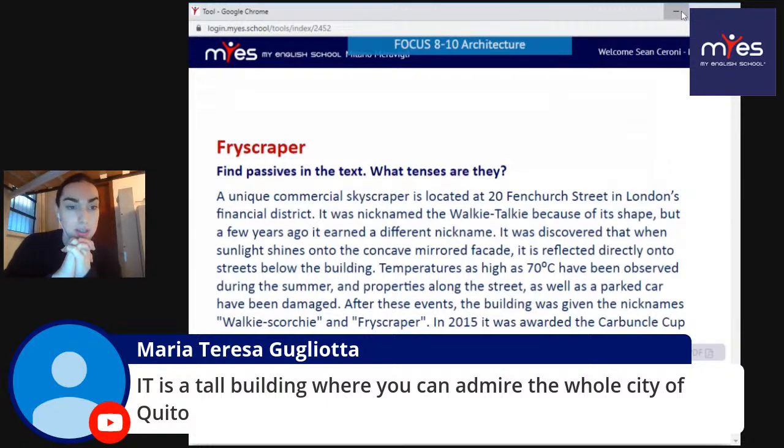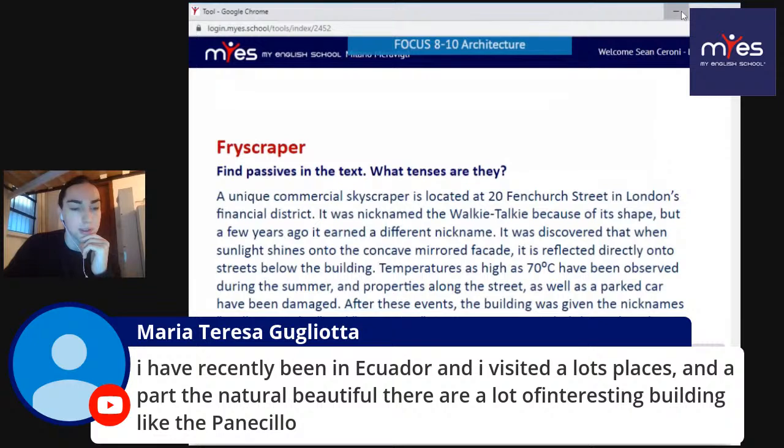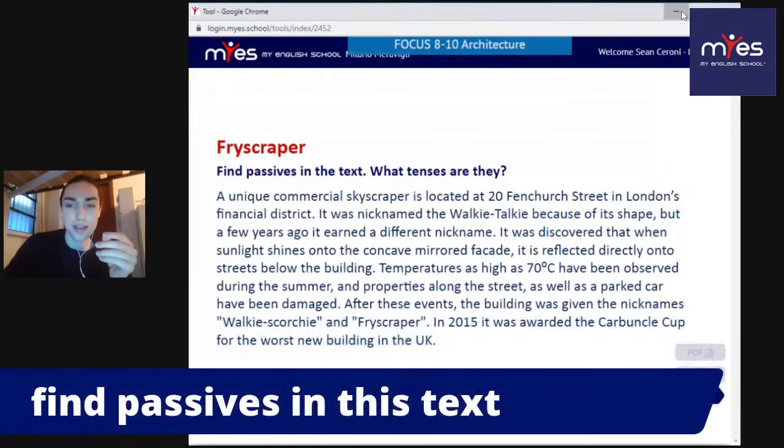I know in Brazil, there's a lot of very interesting modern architecture, and in Argentina as well. Quito is interesting because you would always think of the natural beauty if you think of a place like Ecuador. But places have a lot of different dimensions. Very interesting, Mary. Please keep sharing any of your thoughts and try and find the passives in this text.